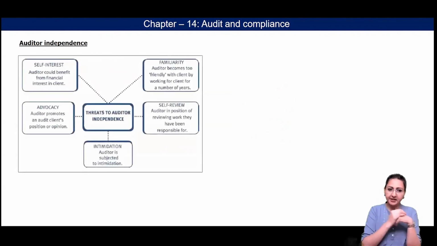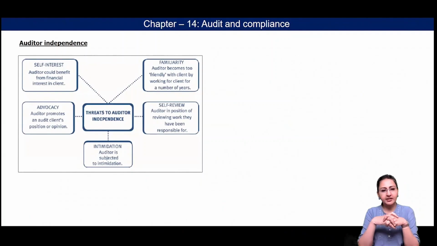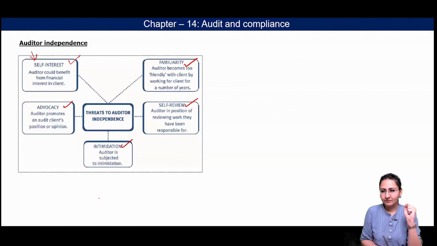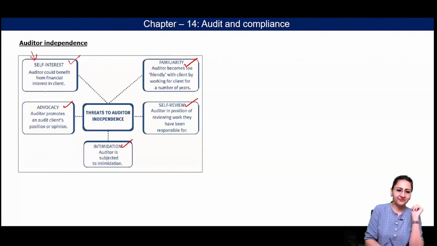Now we'll talk about the independence of the auditor. You would have seen this threats to the auditor's independence in your audit paper. Still, let's just brush them up. Number 1, self-interest. 2, advocacy. 3, intimidation. 4th, self-review. 5th, familiarity. Self-interest, when you are interested in a particular client because you have a self-interest in it.